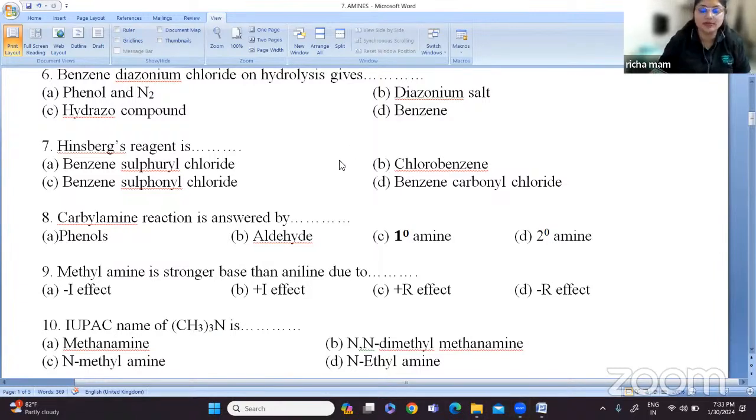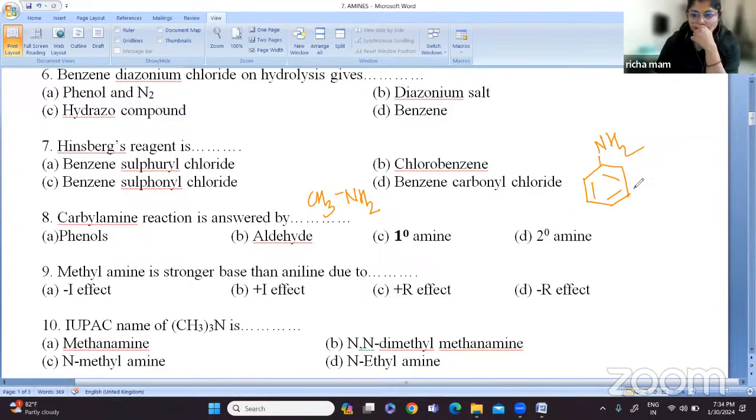Methylamine is a stronger base. Let me write the structure. This is methylamine, and this is aniline. They are saying that methylamine is a stronger base than aniline.